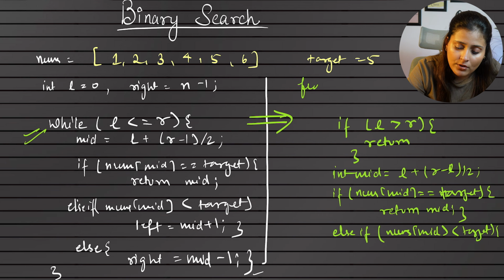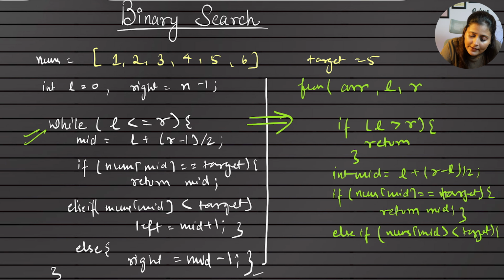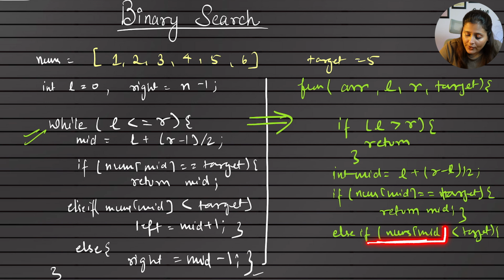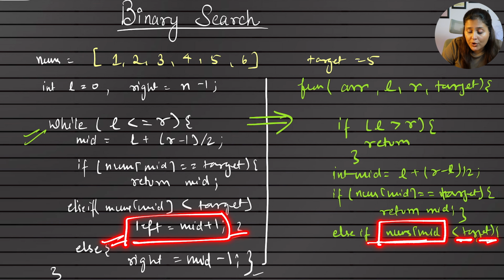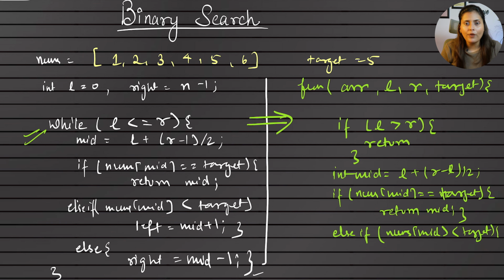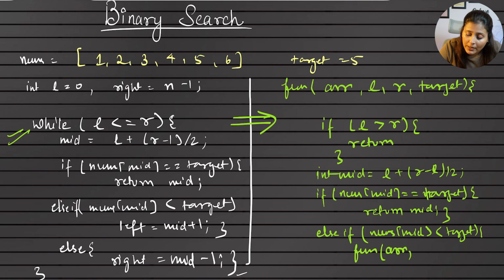Let's say this is a function with the array, left pointer, right pointer and target. Now what we were doing, if our nums of mid is less than target, we were manually shifting left to mid plus 1. In the recursive code we don't do this manually. Instead we call the function with the same array, but left changed to mid plus 1, and right and target as they are.